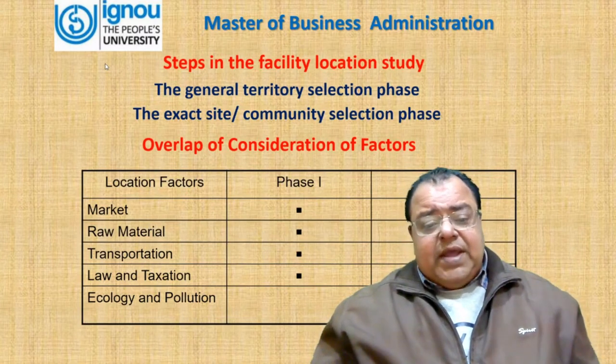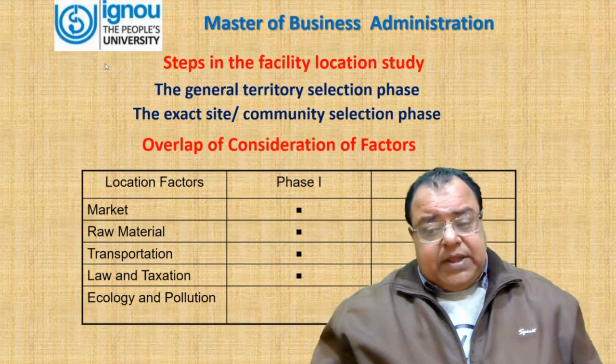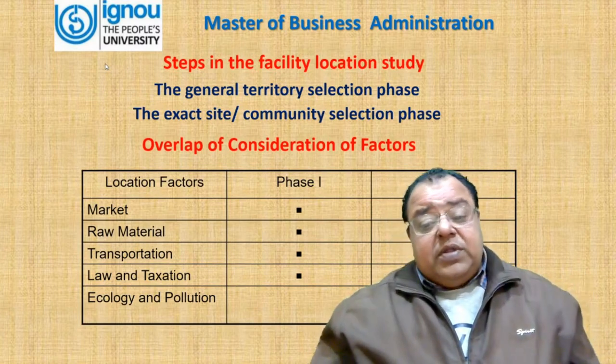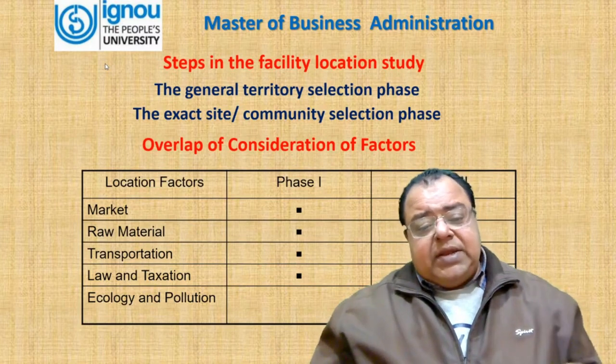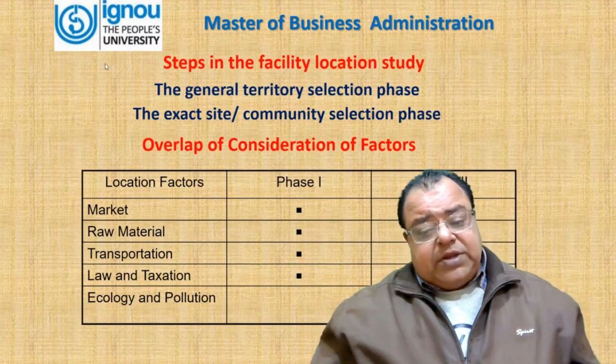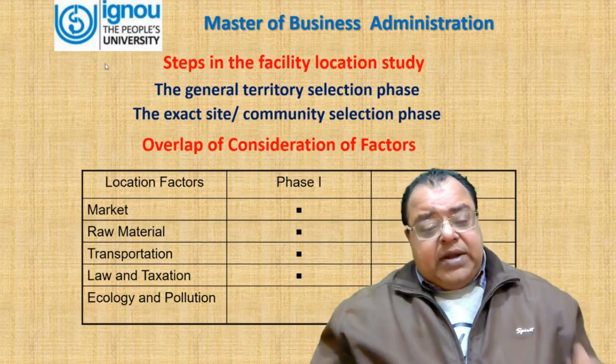For phase one, we can say the first four are there, and for phase two, the last three are there. We can see that overlapping is taking place in phase one and phase two for transportation and law and taxation.